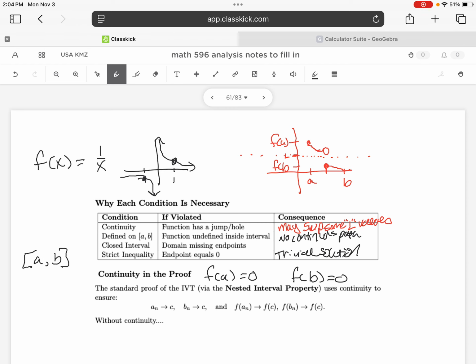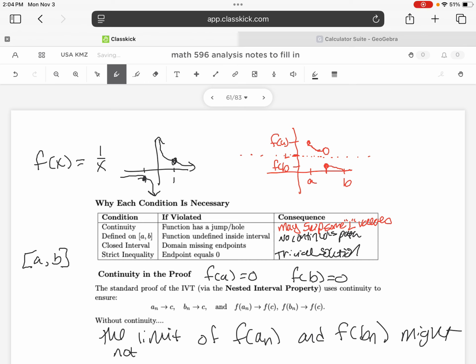So without continuity, the limit of the sequence f of a sub n and the sequence f of b sub n might not agree, and f c may not equal the expected value. You could have a jump, as we were talking about. So f of c may not equal the expected L, or the chosen L.